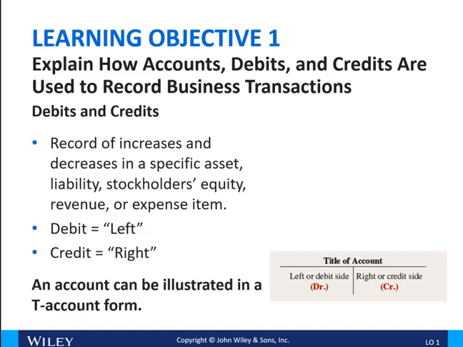So we could have just used left and right, and it would have meant the same thing as far as analyzing and recording transactions. We use T accounts in accounting, and that's that illustration in the lower right there. So the left side is the debit side. We abbreviate debits as DR. The right side is the credit side. We abbreviate that as CR. So debits and credits.